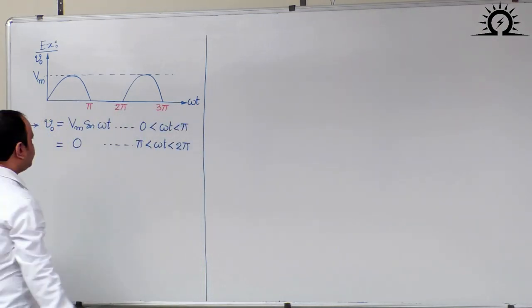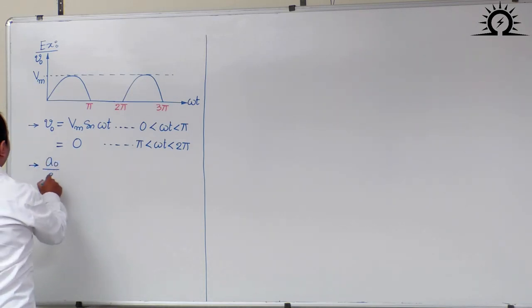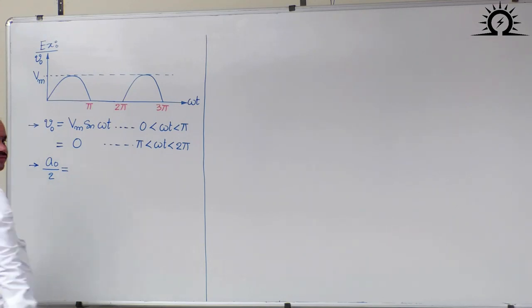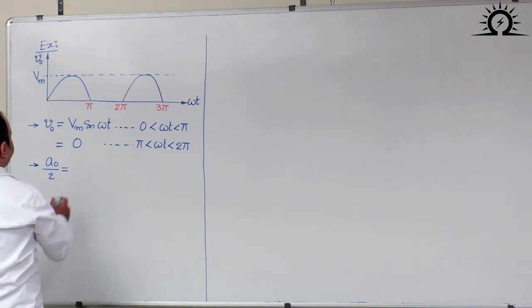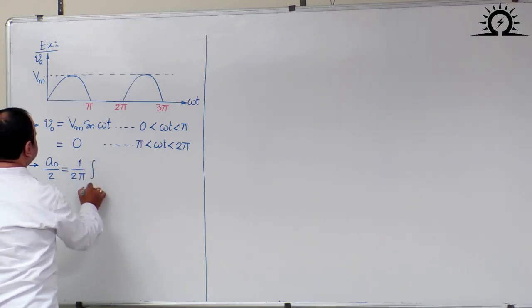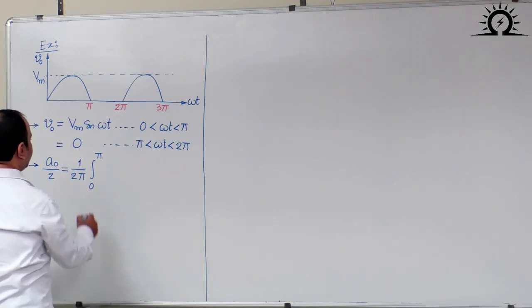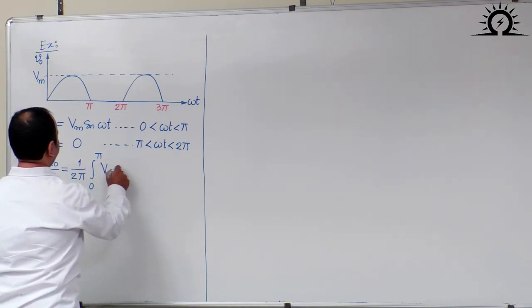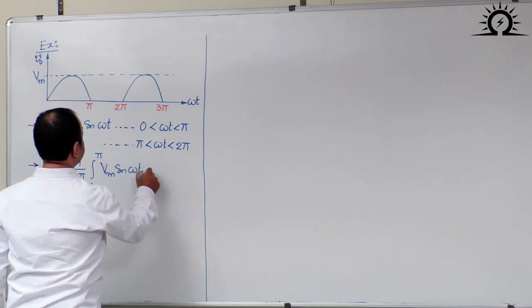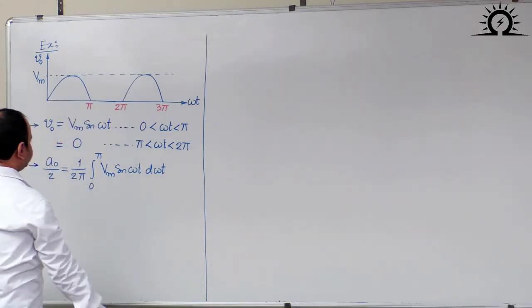So what we need to do? We need to calculate a naught by 2 coefficient first, right? That means 1 by 2 pi integral from 0 to pi Vm sin omega t d omega t.